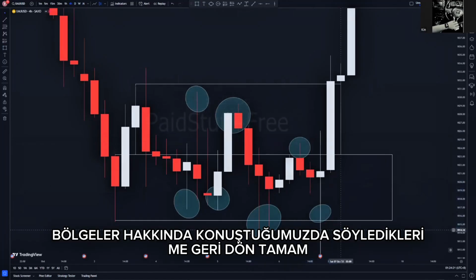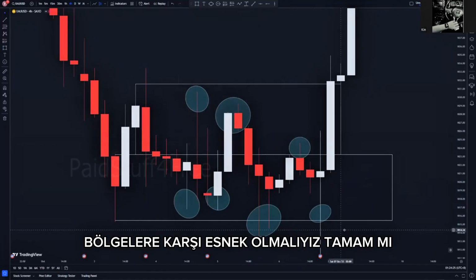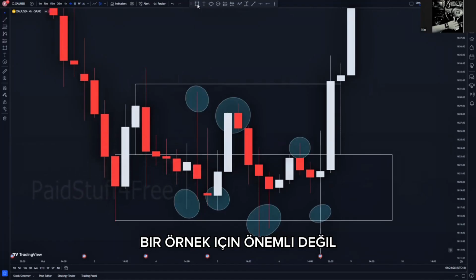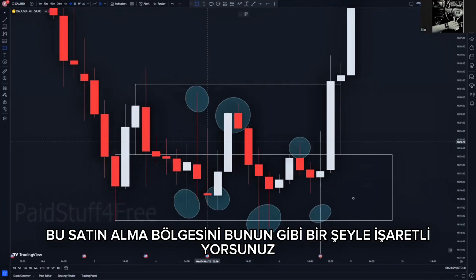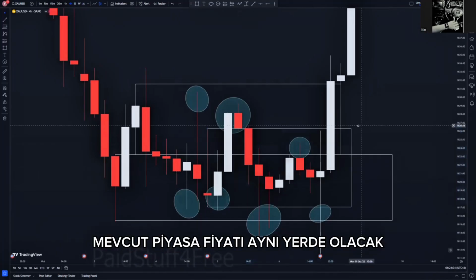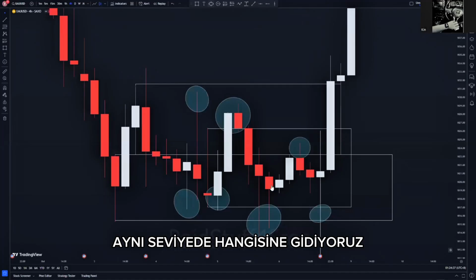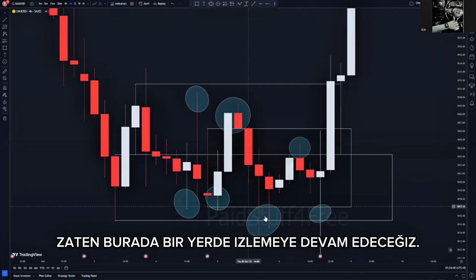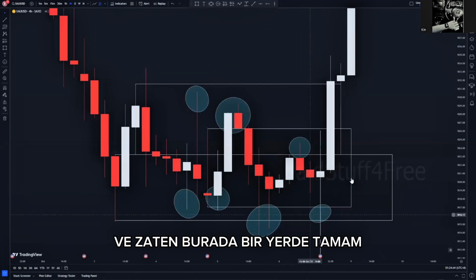Back to what I said, when we talk about zones, we need to be flexible. No matter whether you mark this buy zone like this or like this, the current market price will be at the same level, and we are just going to keep monitoring somewhere over here anyway.